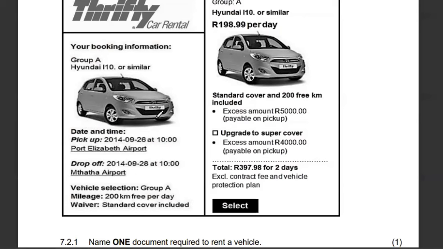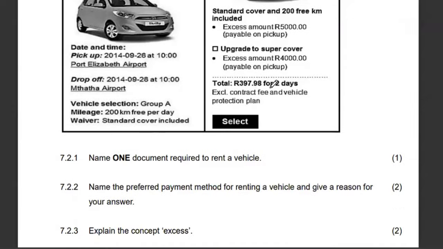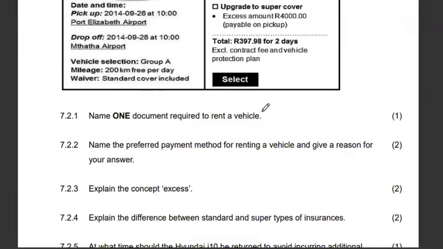Standard cover included, Hyundai i10 or similar, 198 per day. Some upgrade to super cover, excess amount 4,000 payable on pickup. Total 397 for 2 days, excluding contract fee and vehicle protection plan.